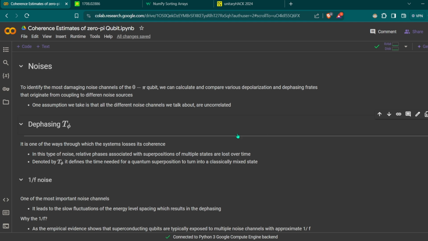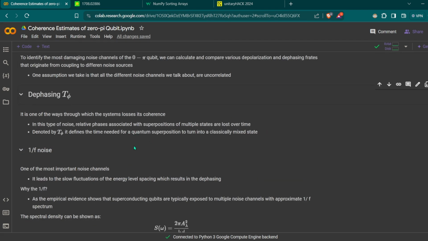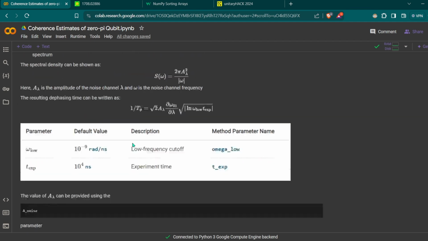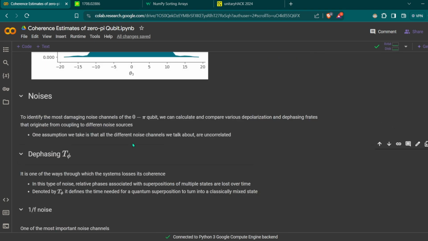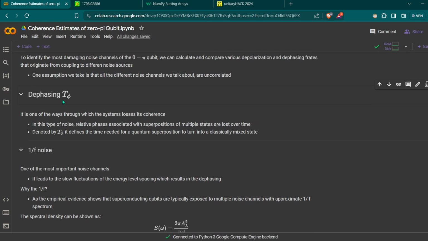The two particularly most influential noises, the dephasing noise and the depolarization noise, we are going to consider here. So what is a dephasing noise? That is represented by the value T_phi. It's one of the ways through which the system loses its coherence, one of the decoherence methods.